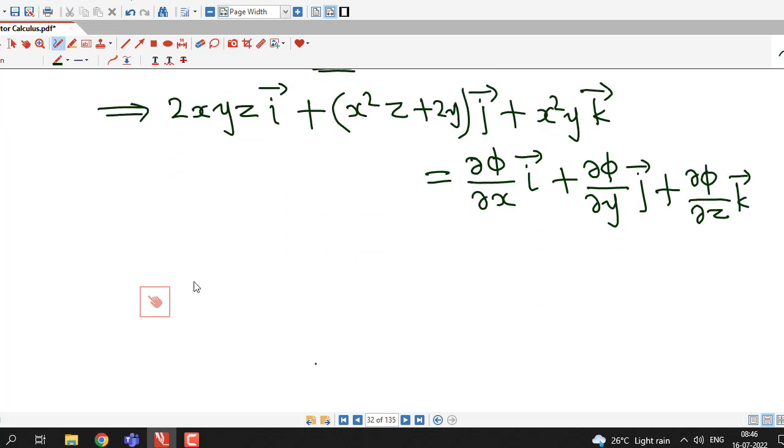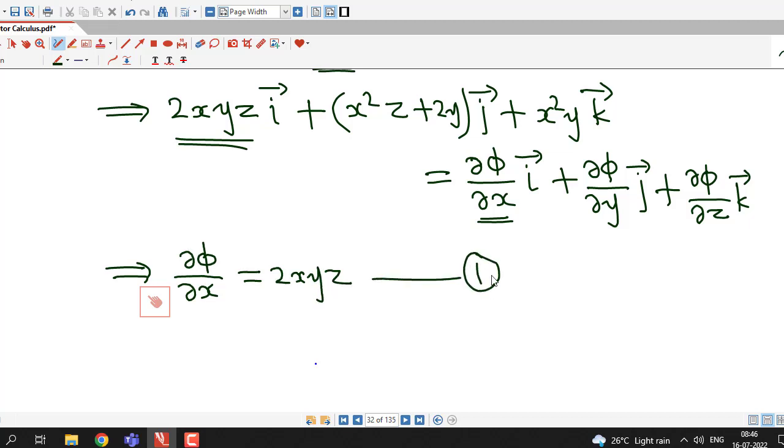And because we have two equal vectors, their components must be equal. Therefore we can write del phi by del x equal to 2xyz, and we give this number 1.